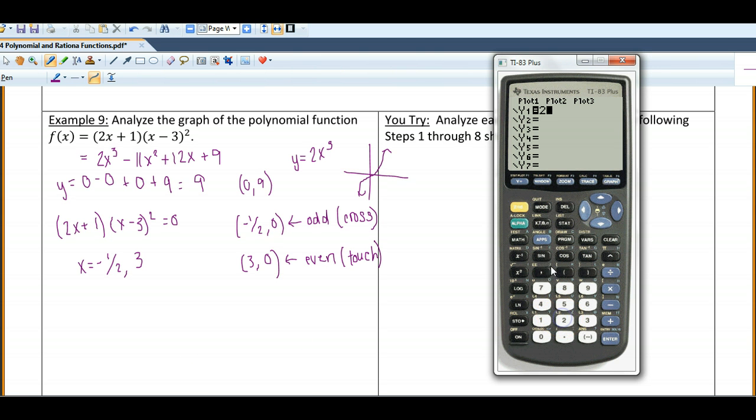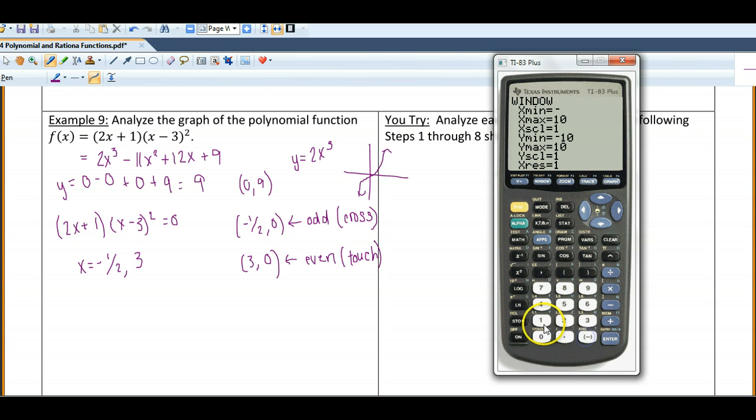So I've got 2x to the third power minus 11x squared plus 12x plus 9. We graph it. Looks something like that. I'm going to zoom out just a little bit.